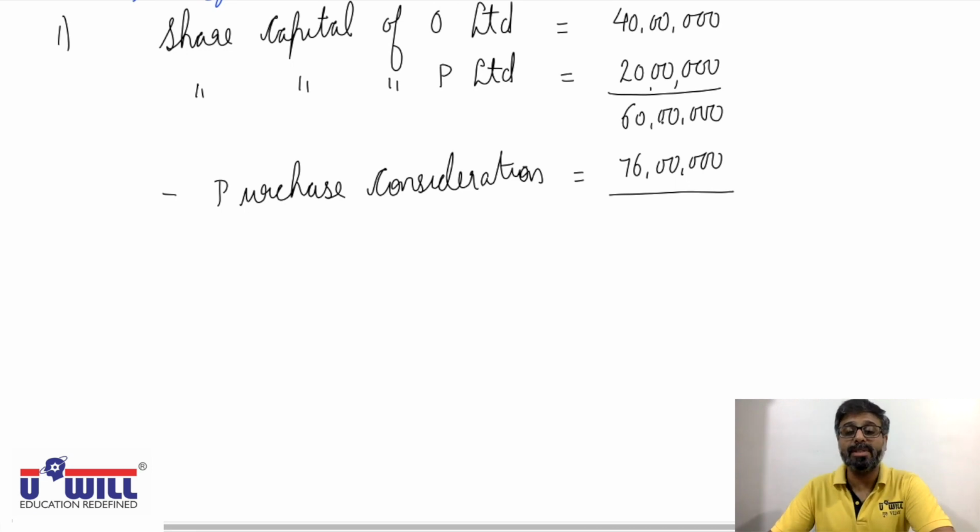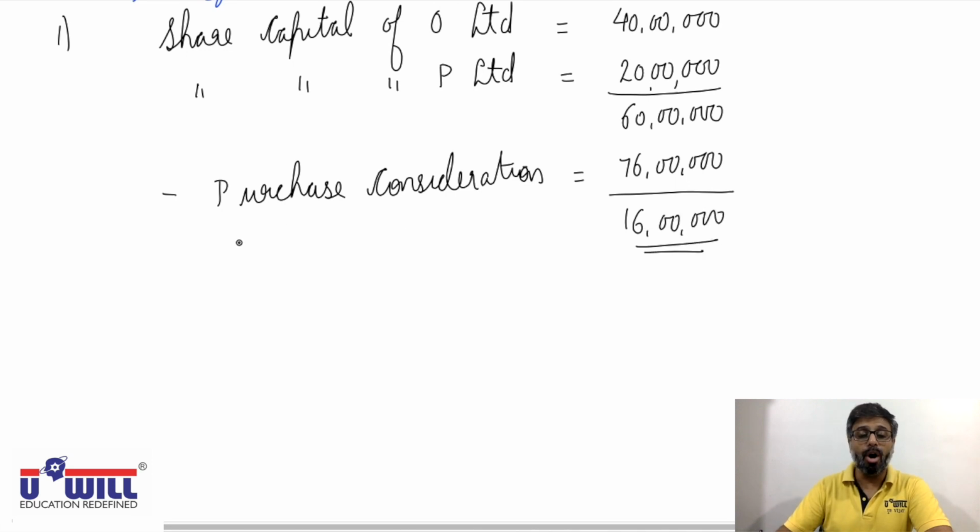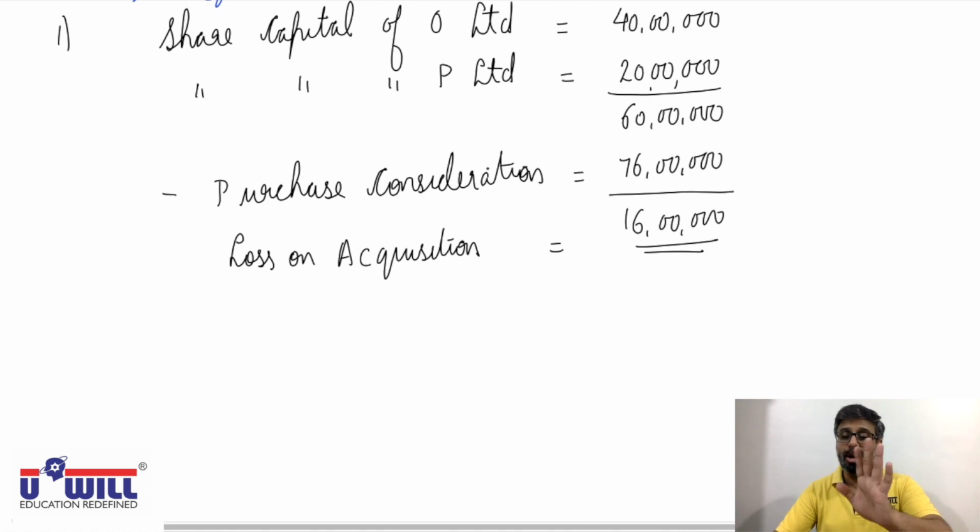Against share capital of 60 lakhs we are paying 76 lakhs, meaning we are paying more. How much more? 16 lakhs more. That is loss on acquisition. And if you follow this order of calculation, share capital minus purchase consideration, then simple logic: 60 minus 76 is minus 16 lakhs, which is loss, and a positive amount would be profit. Okay, if you follow this order.